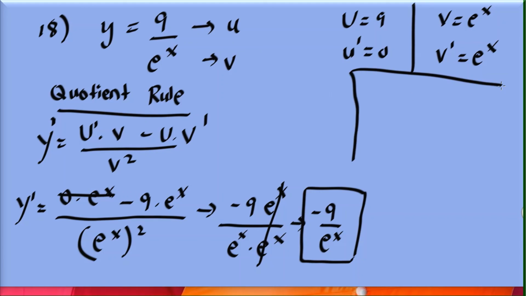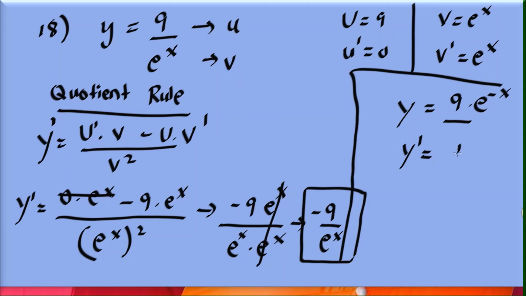Is there a shortcut for this one? What happens if I move this e to the x on top? When you move this e to the x, what's going to happen to your x? That becomes e to the negative x. So it's no longer a quotient rule, but a power rule question. So what is y prime?